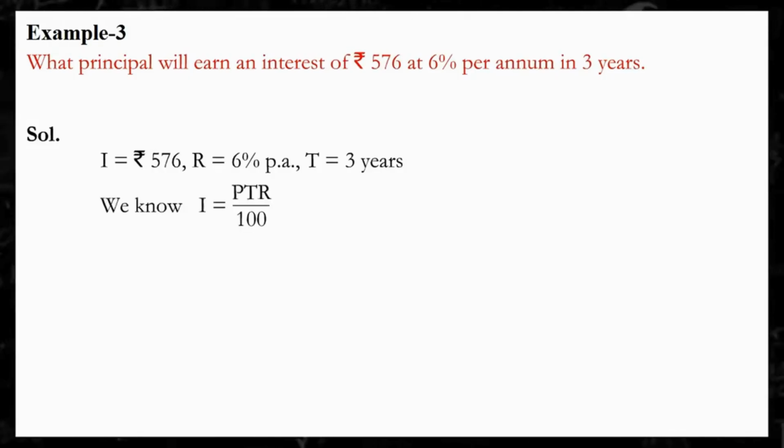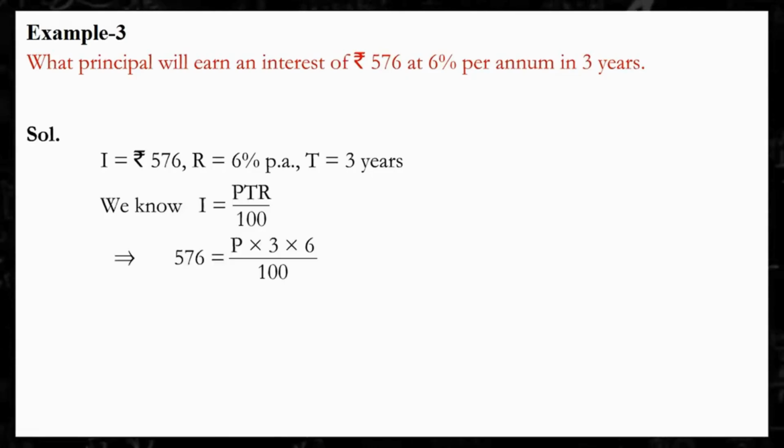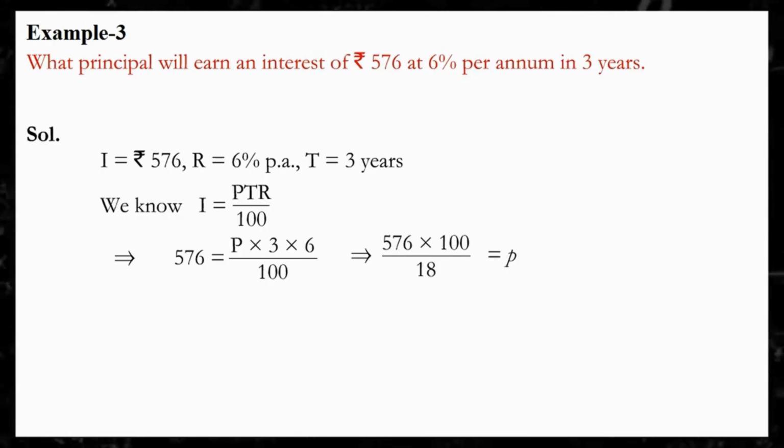We know I = PTR/100. This implies that 576 = P × 3 × 6/100, which implies 576 × 100/18 = P. This implies that P = rupees 3200.